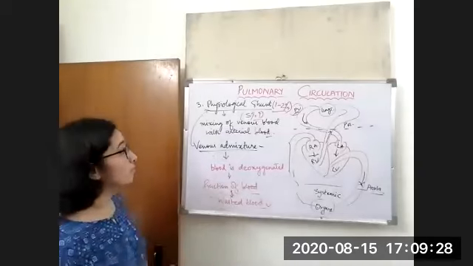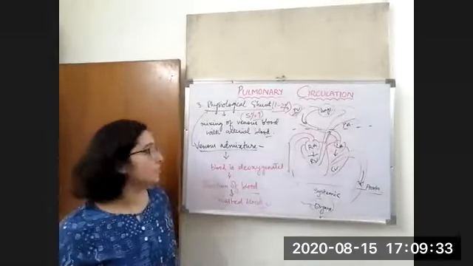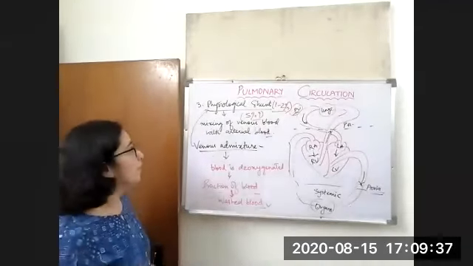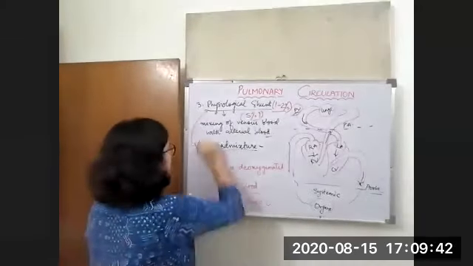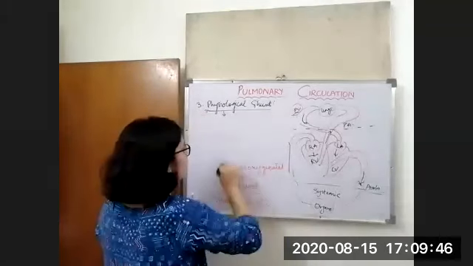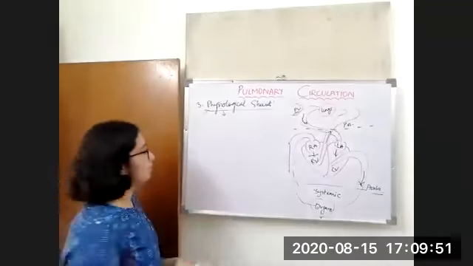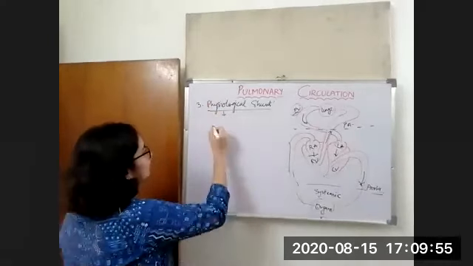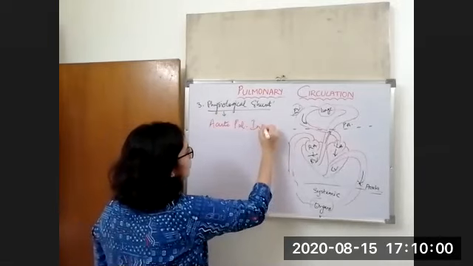But if the physiological shunt is like 10 to 30%, then it is a pathological condition. So what are the pathological conditions in which we see this shunt? We call it pulmonary shunt. These conditions are acute pulmonary infection.